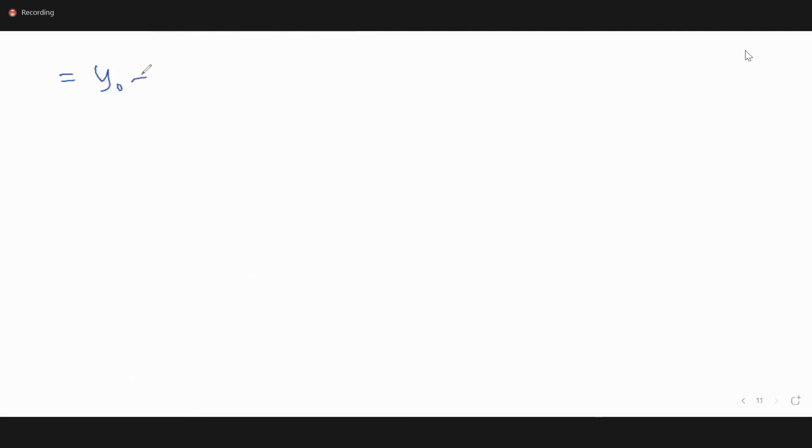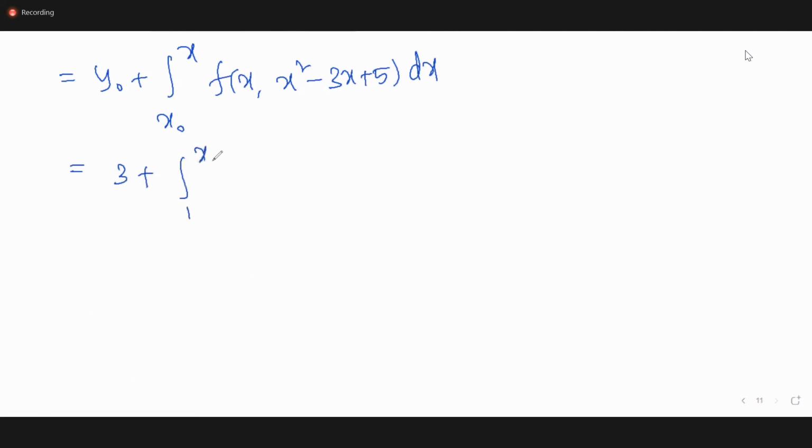So y naught plus the integral from x naught to x of f of x comma y1. What is y1? x square minus 3x plus 5. So y naught is 3, x naught is 1, the integral from 1 to x of f, which is 2x minus y, where y1 is x square minus 3x plus 5.